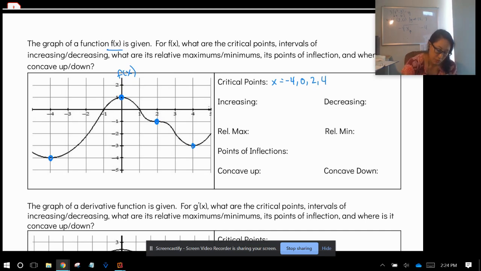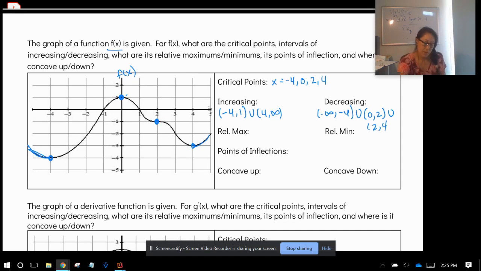We have intervals of increasing and decreasing. We just look at the graph to see from low point to high point. We are increasing from -4 to 0, and then again from 4 to infinity. And then we're decreasing in this arm right here, so -infinity to -4, or from 0 to x equals 2, or from 2 to 4.